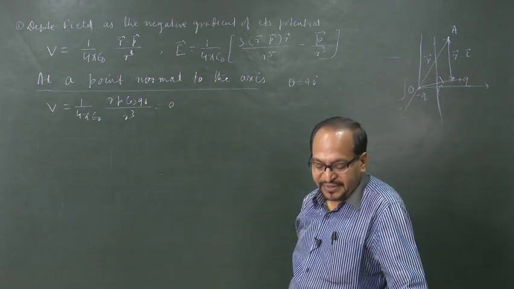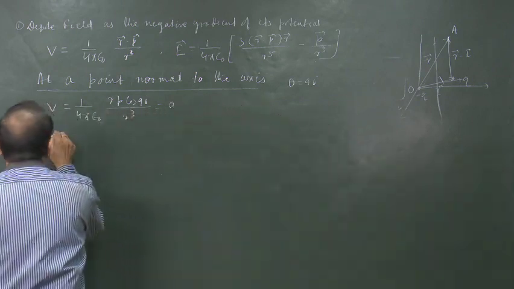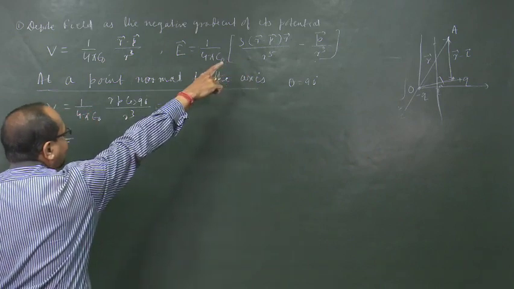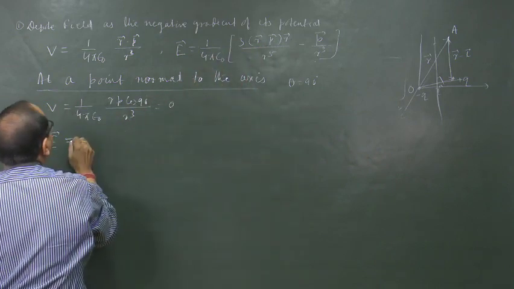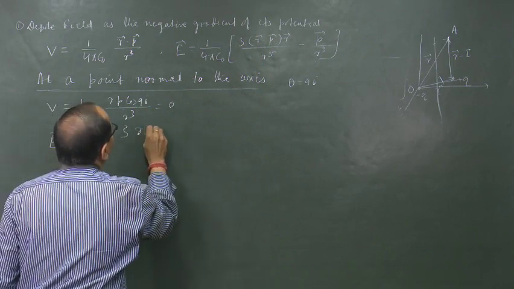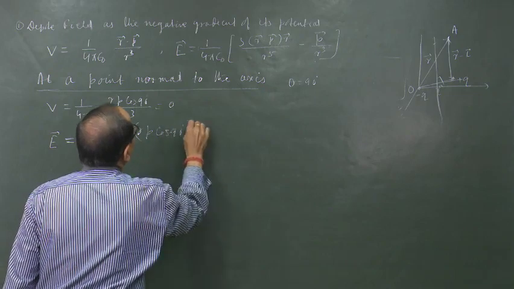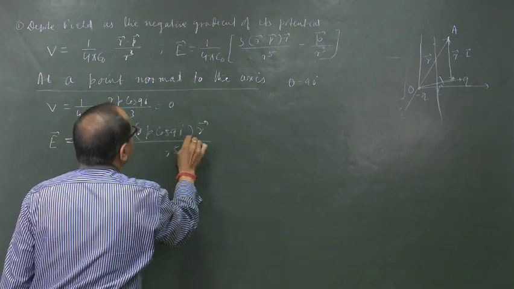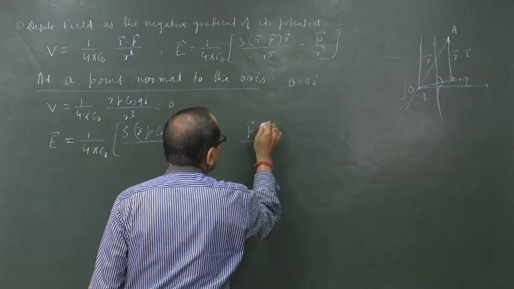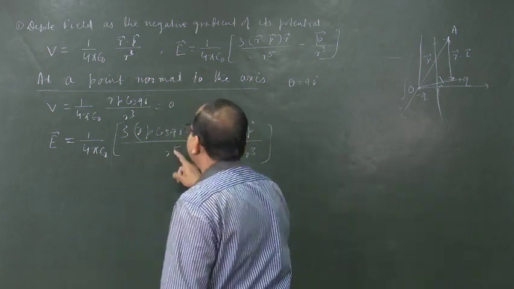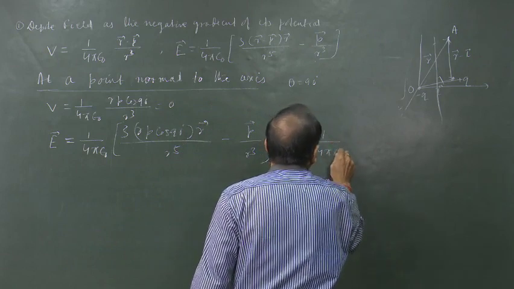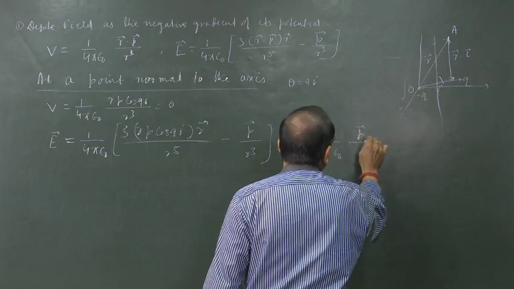This is very important. And then field, again we will put r p cos 90 here and we get E is equal to 1 by 4 pi epsilon naught 3 into r p cos 90 into vector r divided by r to the power 5 minus p divided by r cube, and this cos 90 is 0. So, it becomes only 1 by 4 pi epsilon naught into p by r cube.